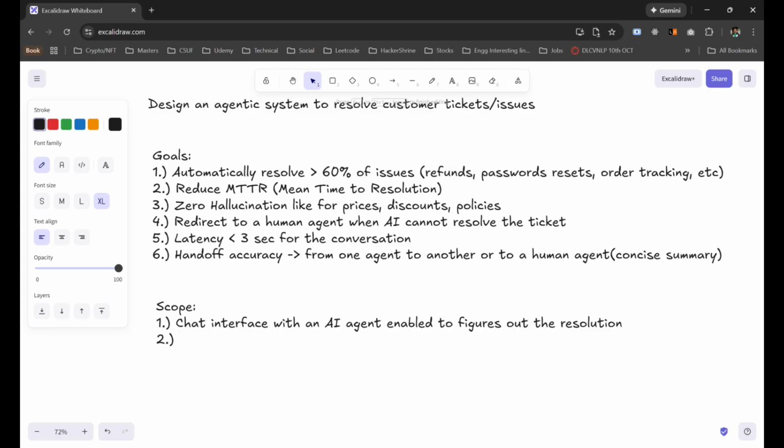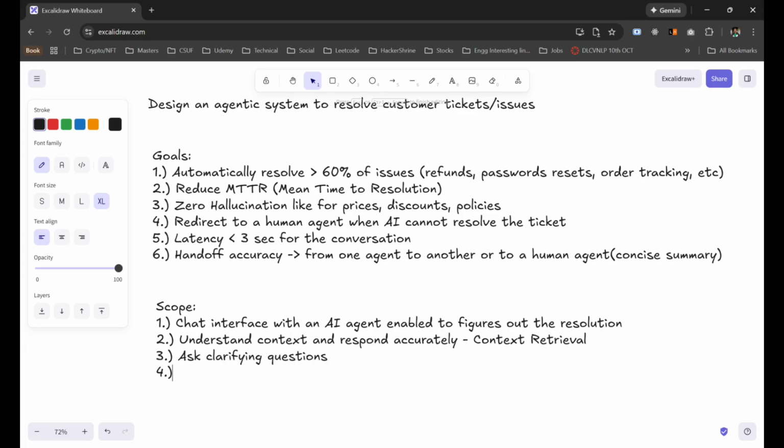Then we also need something for understanding context and responding accurately. This could be one of the context retrieval nodes that we can create. The third thing would be if the customer is not able to explain in proper language the issue they are facing, then it should go back and ask clarifying questions.